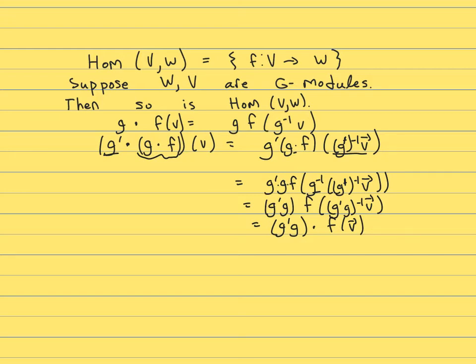And you can check that this is linear, although that's a bit more of a pain. g dot f of alpha v plus beta w is g f g inverse applied to alpha v plus beta w.